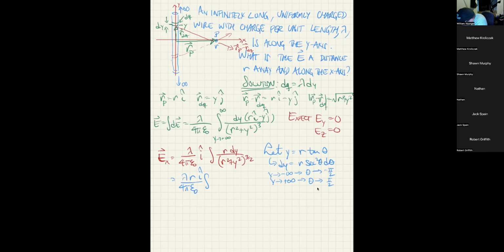Now I've got dy is actually r secant squared theta d theta. And down here in the bottom, I have r squared times 1 plus tangent squared theta, all that to the 3/2. And this could definitely look a little better.